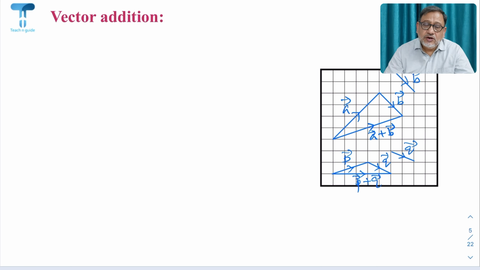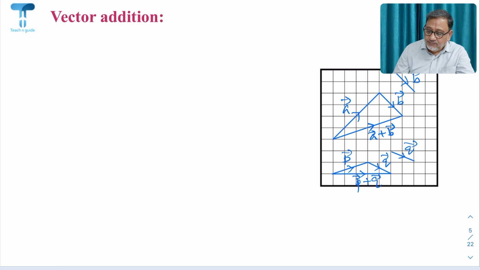This is also called the triangle law of addition, because when two sides of a triangle represent two different vectors in sequence, then the third side, where the first vector had the initial point, that same point will be the initial point of the third vector, and the terminal point of the third vector should be the same as the terminal point of the second vector.